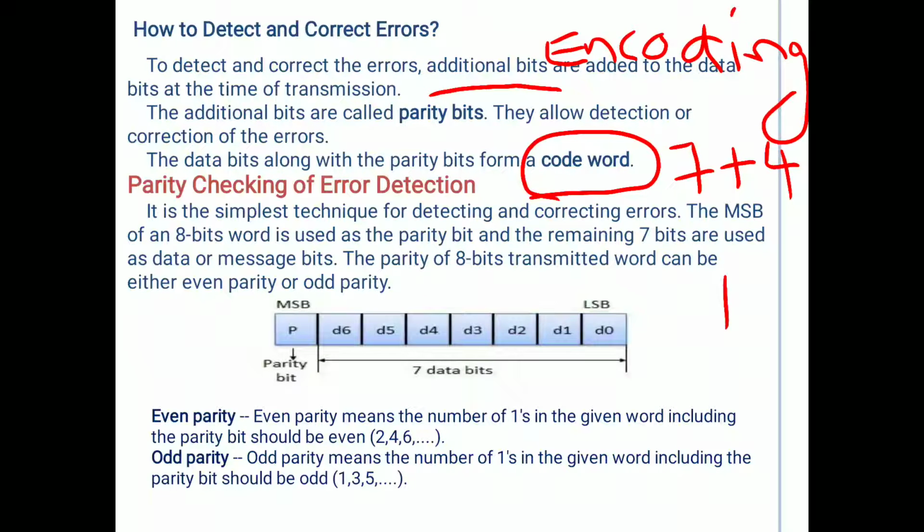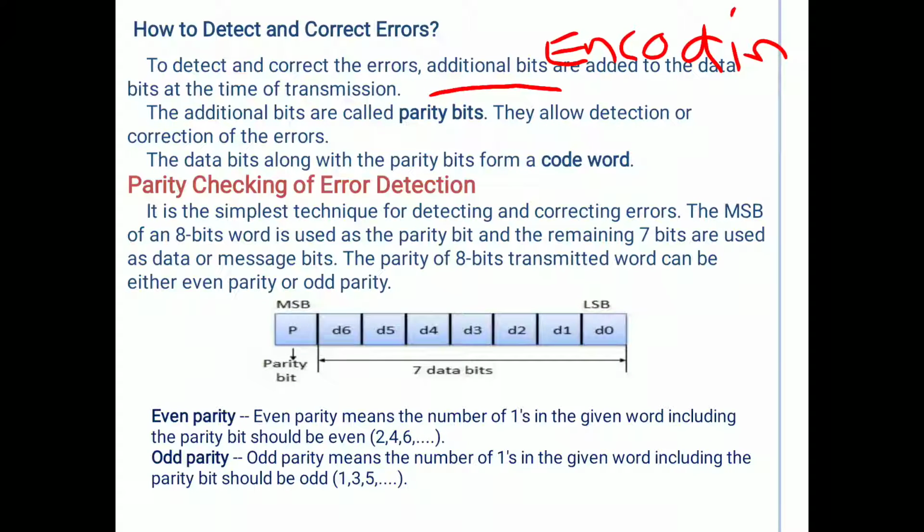Okay. So here, parity checking for error detection. For detecting the error, the simple technique which is used is parity checking. This is the first and simplest technique for detecting and correcting the errors. Here the MSB of an 8-bit word is used as the parity bit and the remaining 7 bits are used as data or message bits.